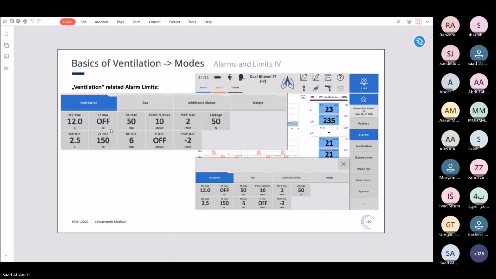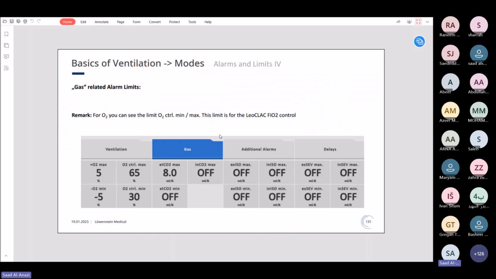So as you see, also in alarm, we have an alarm on the right side. You can select all types of alarm. So you have the ventilation alarm, gas alarm, additional alarm, delays alarm, all kinds of alarm. So you can set it up and adjust for your patient.